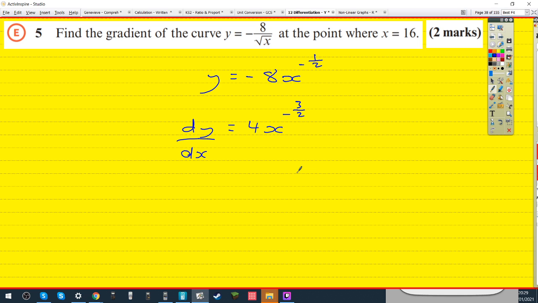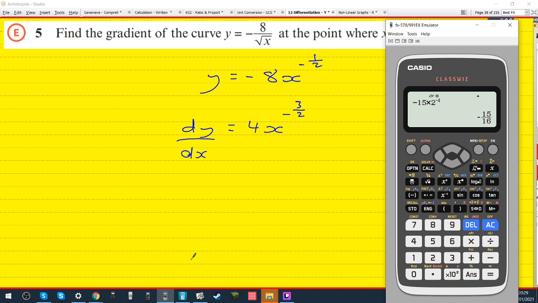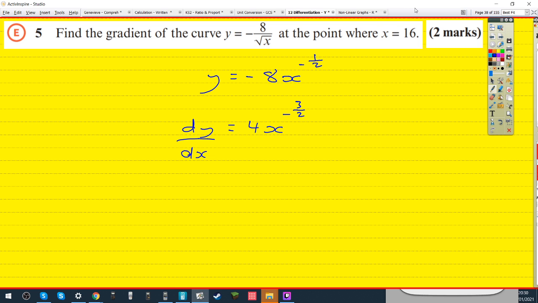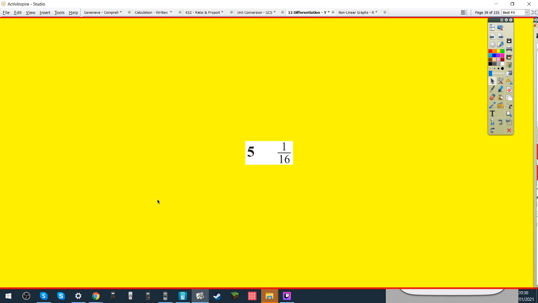And then you substitute 16 in. I got 1 over 16. Great. Looks good to me. And so the gradient of this curve, when the x coordinate is 16, is 1 over 16. There we go. Cheat day.